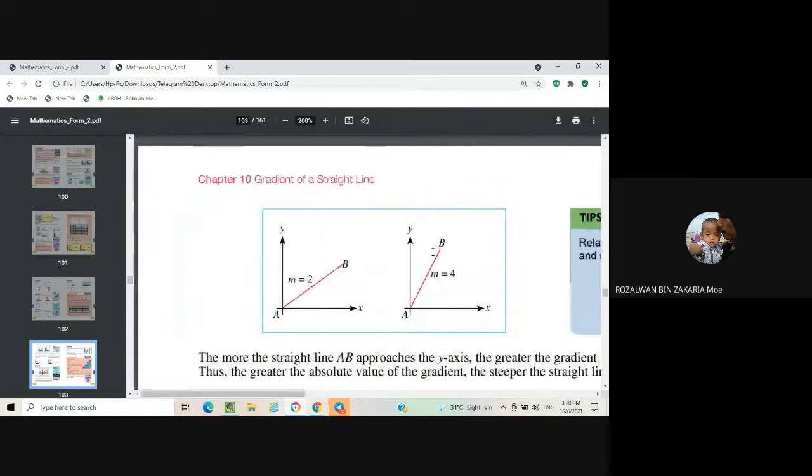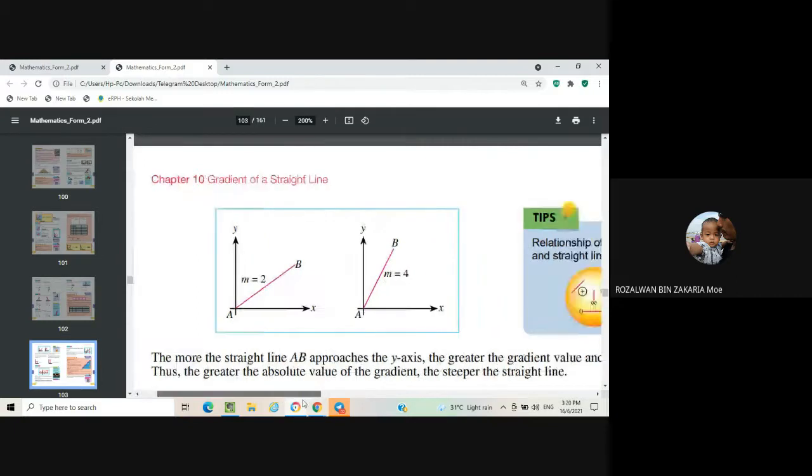This line AB is nearer to the y-axis compared to the graph AB for the first graph. That's why the gradient of this graph AB is greater than the gradient of the first graph. Thus, the greater the absolute value of the gradient, the steeper the straight line. So this one is steeper compared to this one.